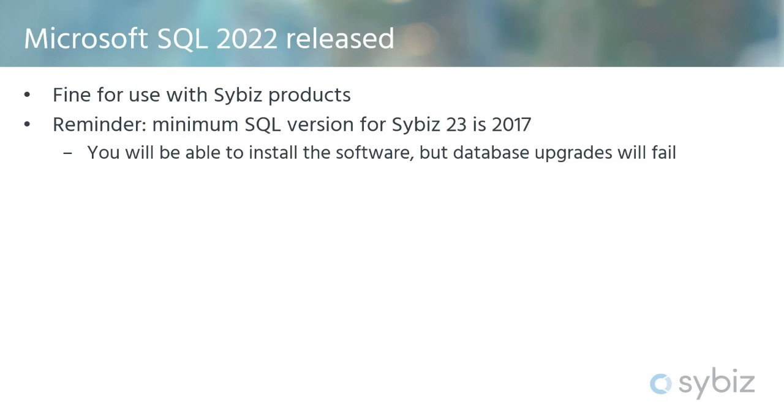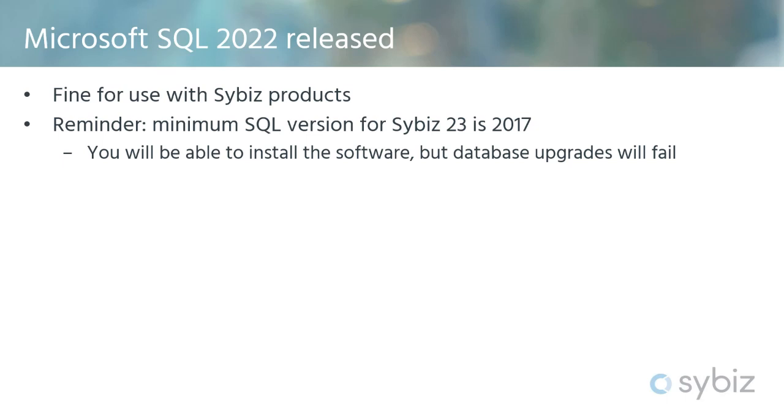Just a little note as well, Microsoft SQL 2022 has been released, and the reason we're making a note of this is that we have increased the minimum version required of Microsoft SQL for the 23 release, and that minimum version is Microsoft SQL 2017.